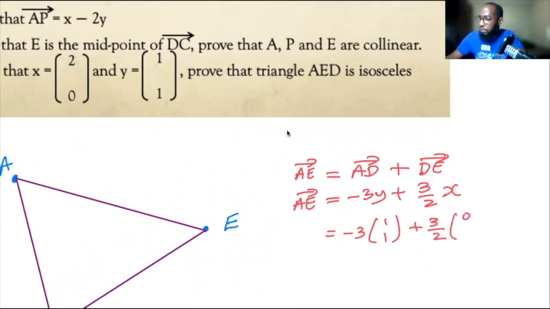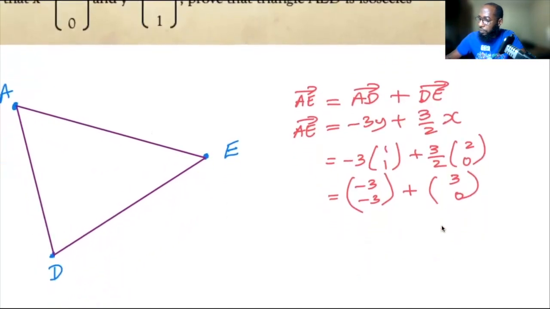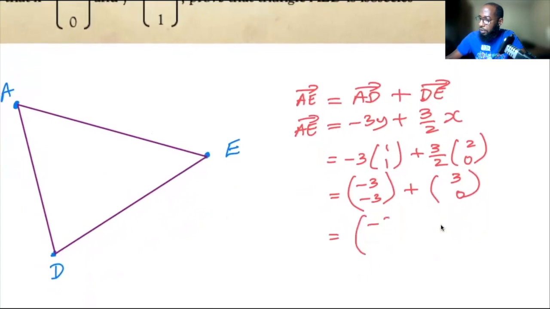We do the substitution: negative 3 times 1, 1, plus 3 over 2 times 2, 0. Negative 3 times 1 is negative 3, and this one gives 3, 0. So AE is simply negative 3 plus 3, negative 3 plus 0, which is 0, negative 3. That is AE.